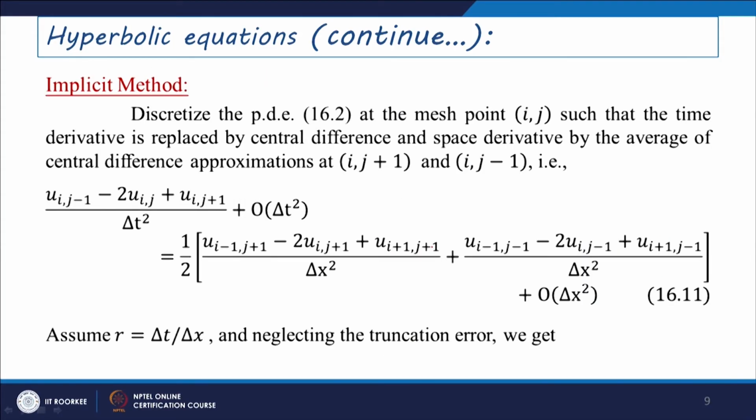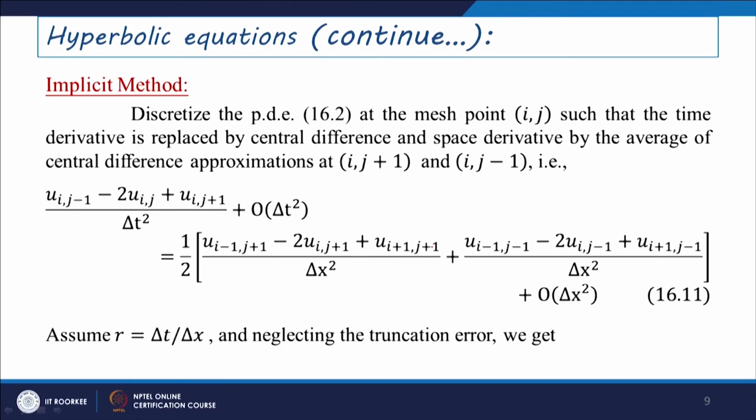And if you go for discretization in terms of the implicit method here at the mesh point i j, such that the time derivative is replaced by the central difference and the space derivative by the average of central difference approximations. Since we have already considered this in the Crank-Nicolson method, where we are taking the average of the time scales for the space derivatives there, the same treatment we will make for these equations here also.